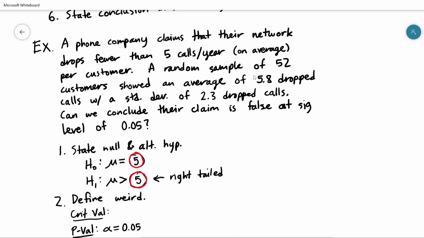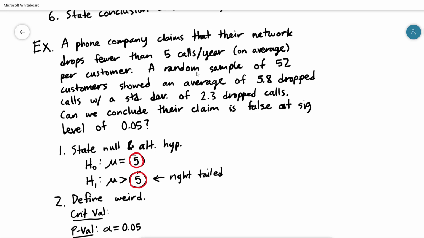They will put sigma equals 5.8, or s equals 5.8, or x bar equals 5.8 over here, and they'll do either sigma or s equals this 2.3 down here. They will use this symbol to indicate whether this standard deviation, that's 2.3, is a population standard deviation or a sample standard deviation. I have not stated anywhere in the problem explicitly what this is, but we need to be able to interpret what the wording of the question says.